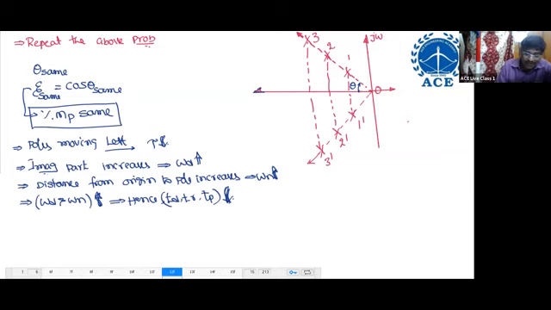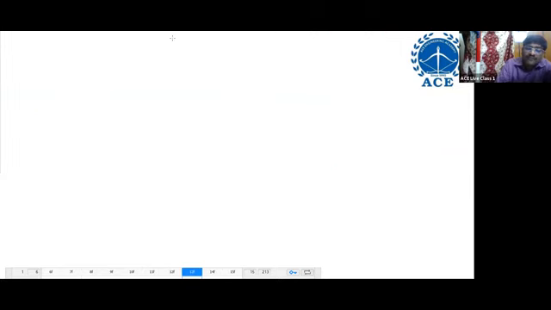For example, if I take this is 1 and 1 dash.